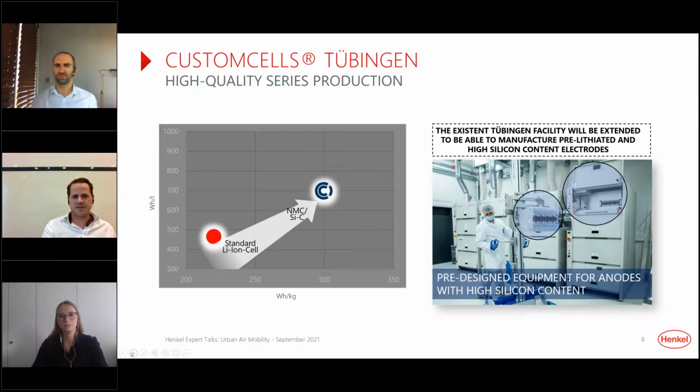The graphite cells maybe swell around 8%, but silicon anode-based cells swell up to around 20%. And you need to put pressure on the cells, on the tracer and the formation equipment you see on the right. And this is just an example picture that some of the equipment is already prepared for it. Some will be re-engineered already this year.